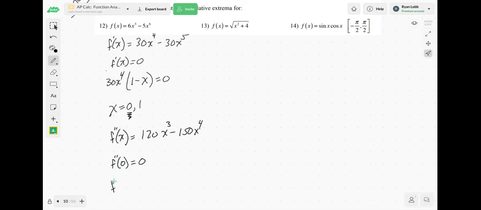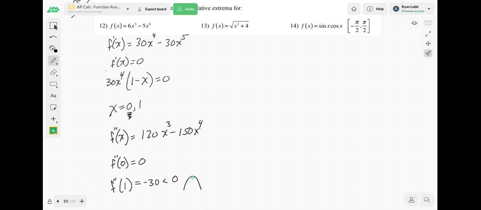And then f double prime of 1 in this case is equal to what? Plug in 120 times 1 minus 150 times 1, which is negative 30, which is less than 0. That means if f double prime is negative, we must be concave down.